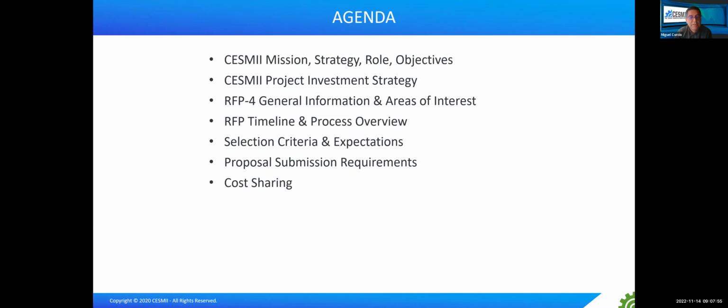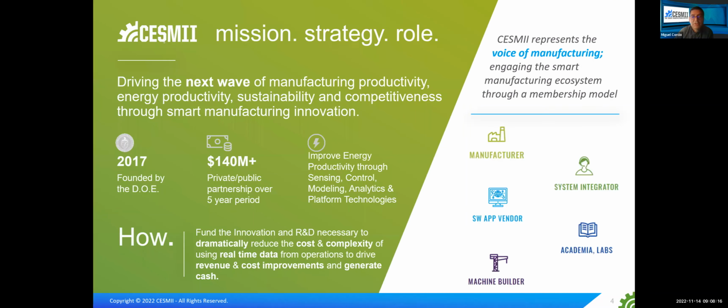So it is important that you understand what we're looking for in terms of cost sharing. That's in general what we're going to be covering today. Also, the webinar will be recorded and posted on our website, so you can always go back and refer to it for any additional information or anything that you might want to review. With that in mind, I will turn it to Haresh.